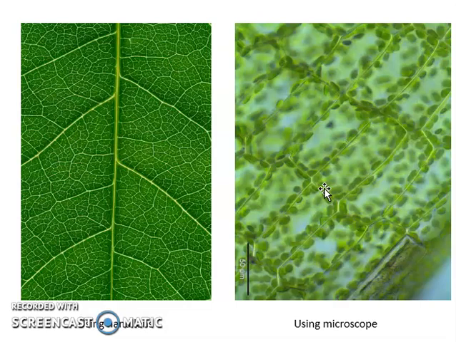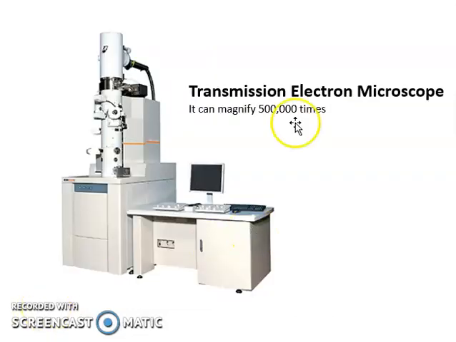A compound microscope could help you to see 400 times better compared to your eye. Imagine. But there are kinds of microscope that could view even better. We call it a transmission electron microscope.